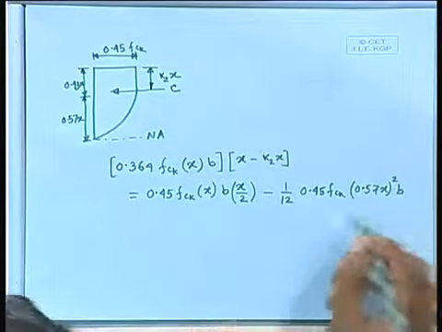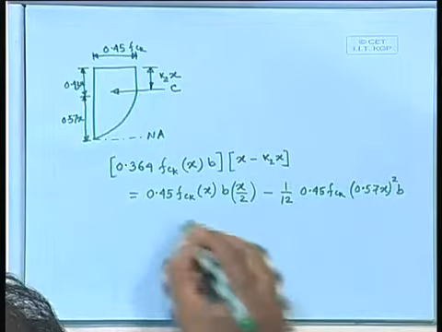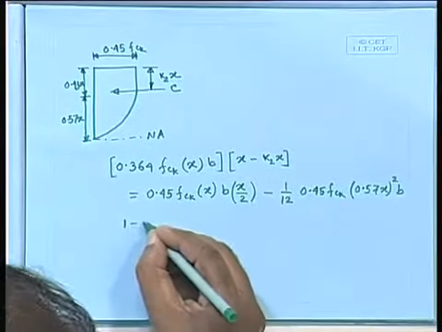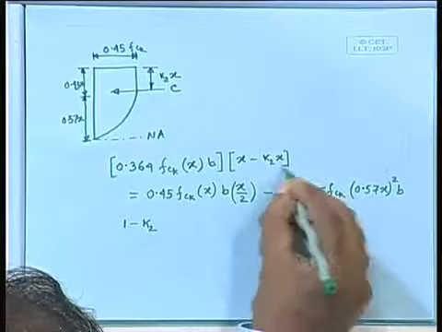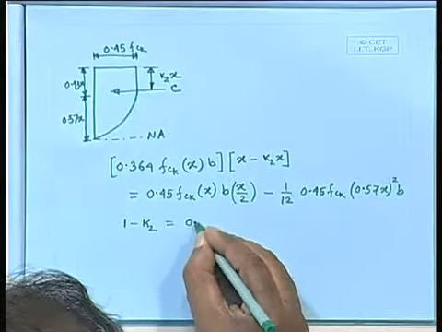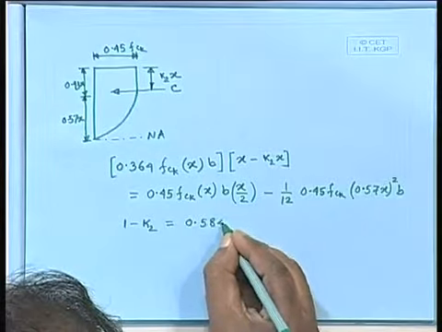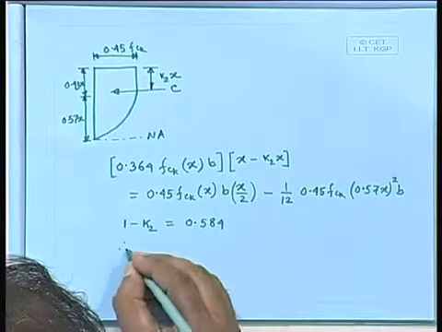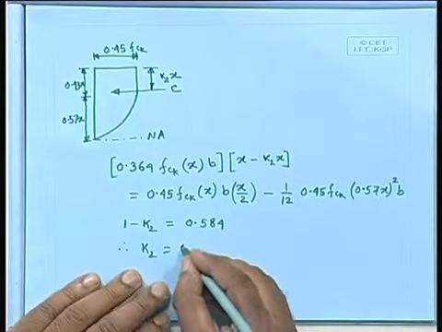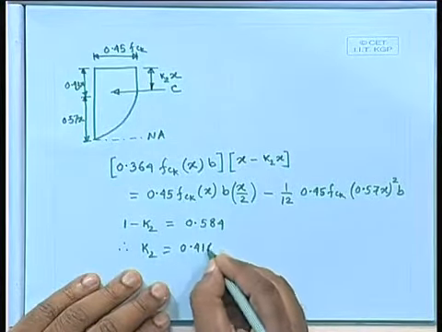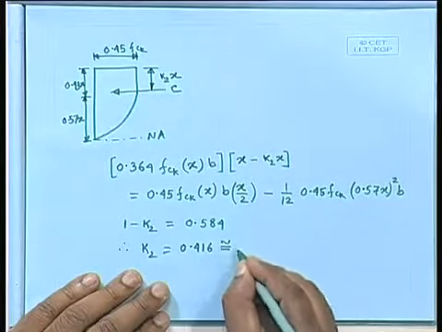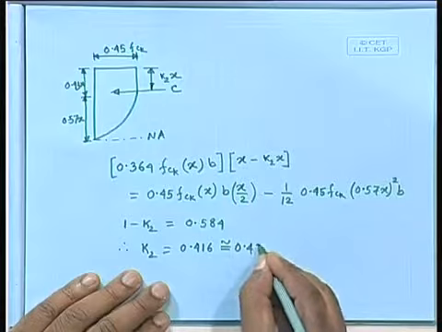So, we shall get this one, which equals 1 minus K2, if we simplify it, equal to 0.584. Therefore, K2 equals 0.416, or we can say, let us say 0.42.